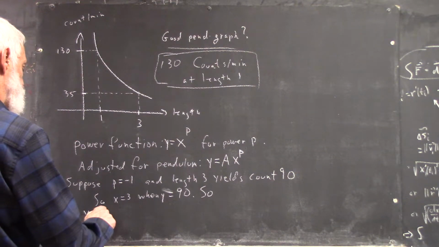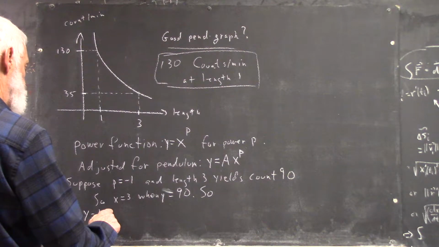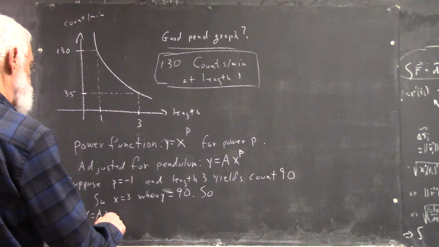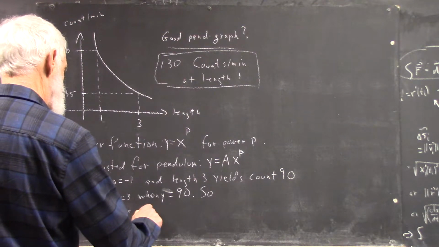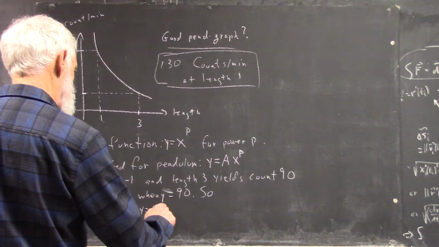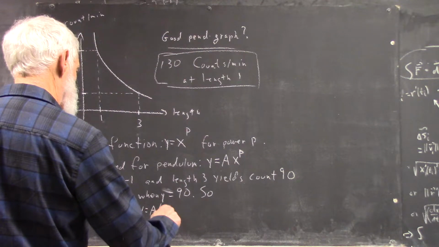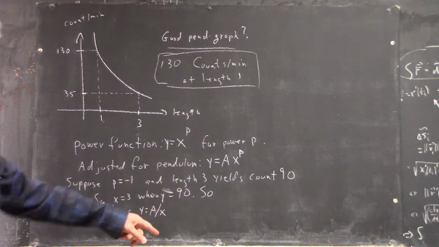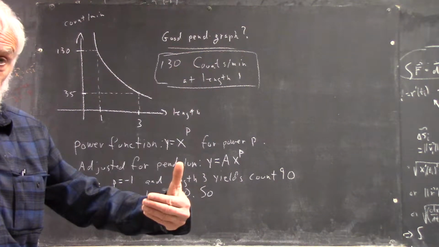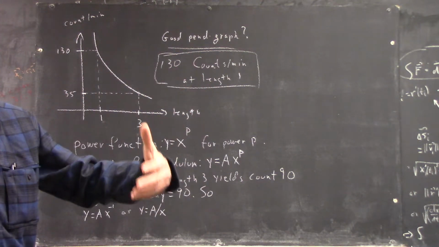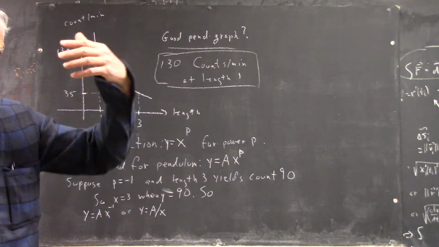First of all, if p equals -1, y equals ax to the -1, which means that y equals a over x. Everybody okay with that? x to the -1 is 1 over x. So a times x to the -1 is a times 1 over x, which is just a over x.